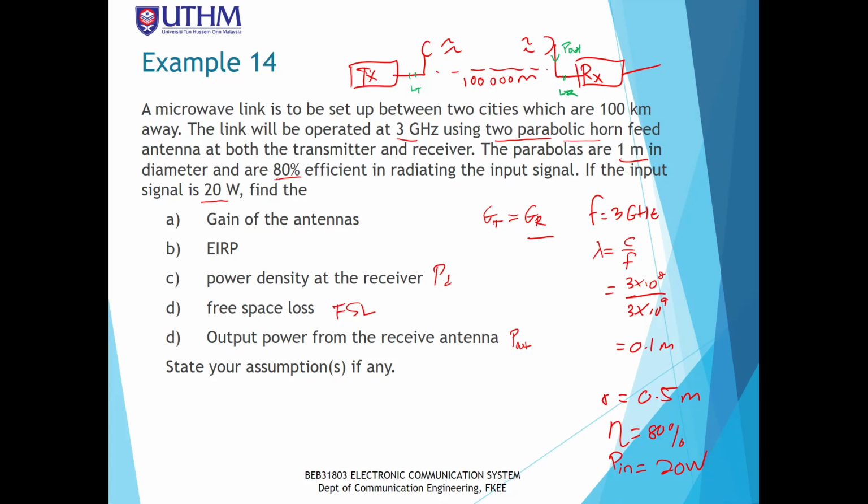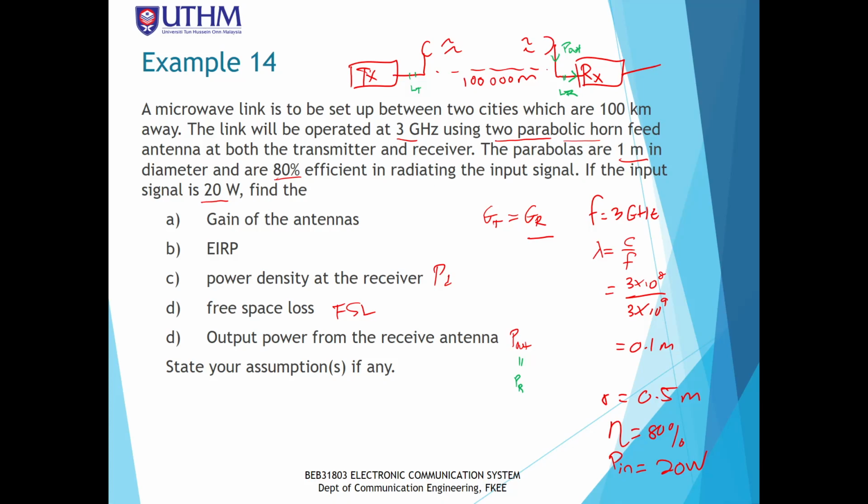Okay, so that means if there's no other losses, the P out is actually the receive power. So P out is also PR, the receive power, because there is no other losses. So that's why you're going to see later that the solution in your notes keeps on changing between P out and PR.